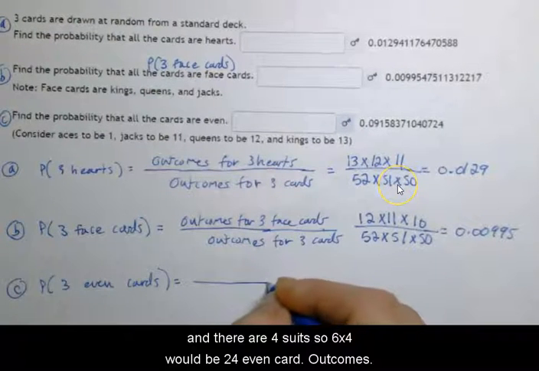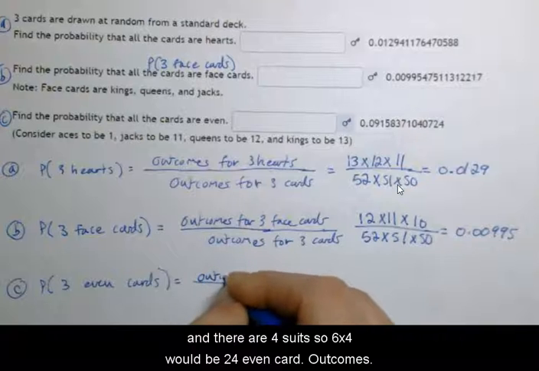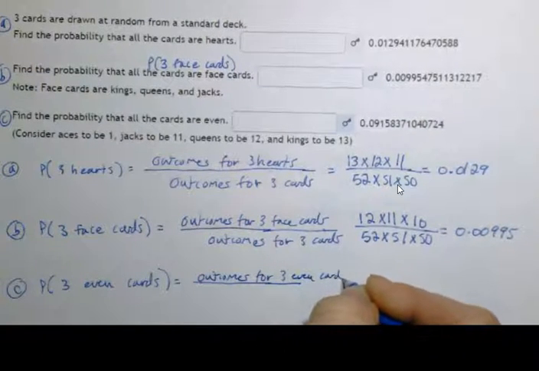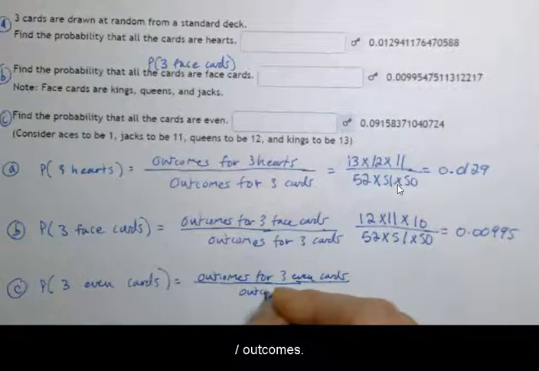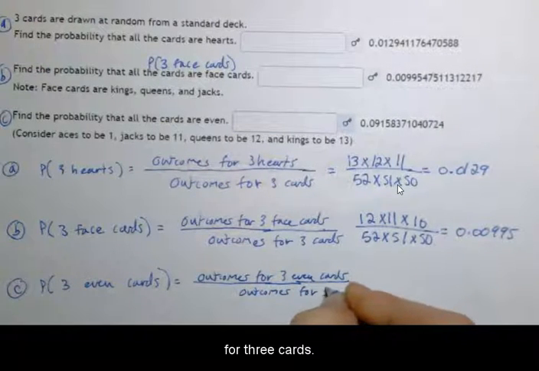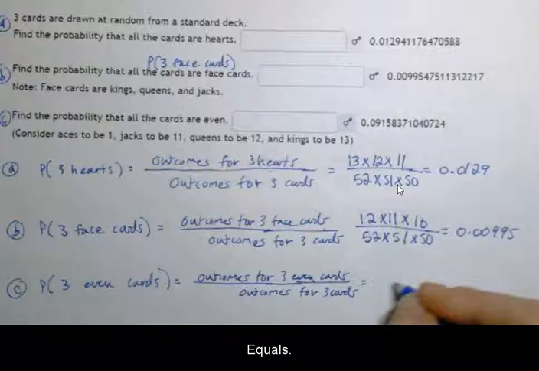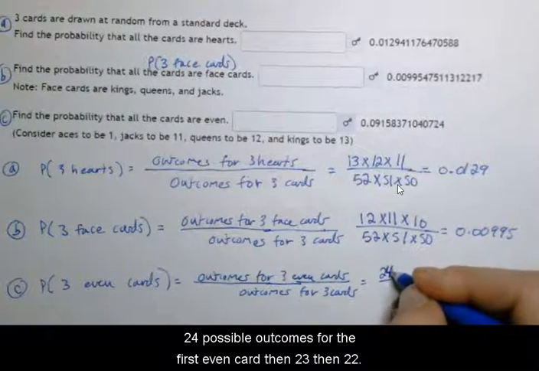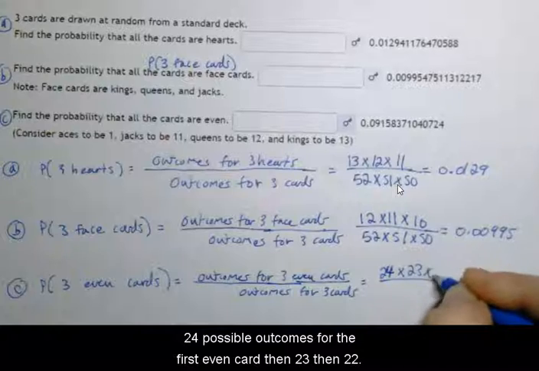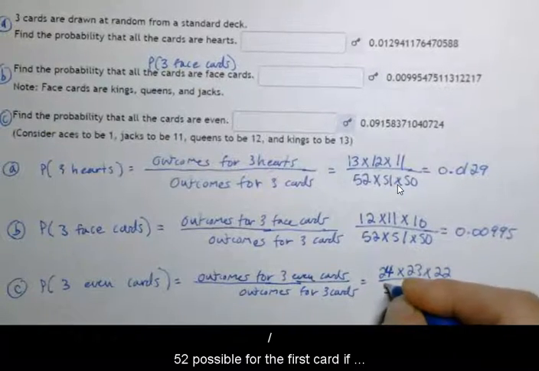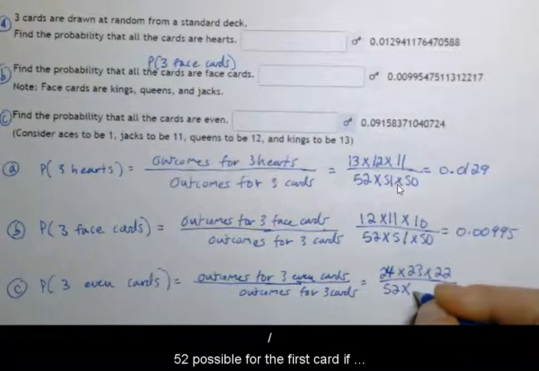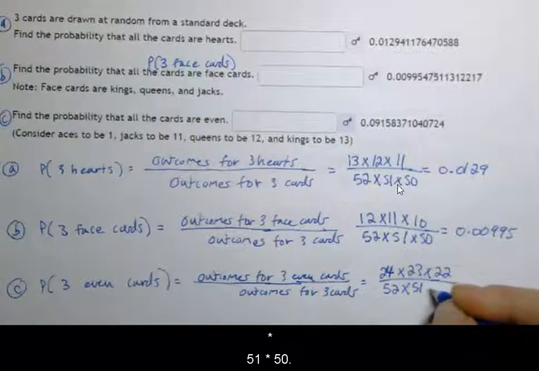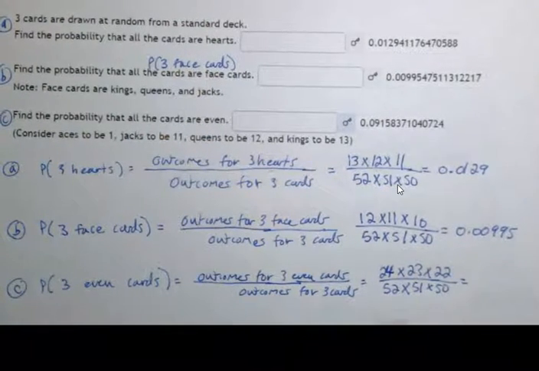Probability of 3 even cards equals outcomes for 3 even cards divided by outcomes for 3 cards. That equals 24 possible outcomes for the first even card, then 23, then 22, divided by 52 possible for the first card, if we're looking at all cards, times 51 times 50.